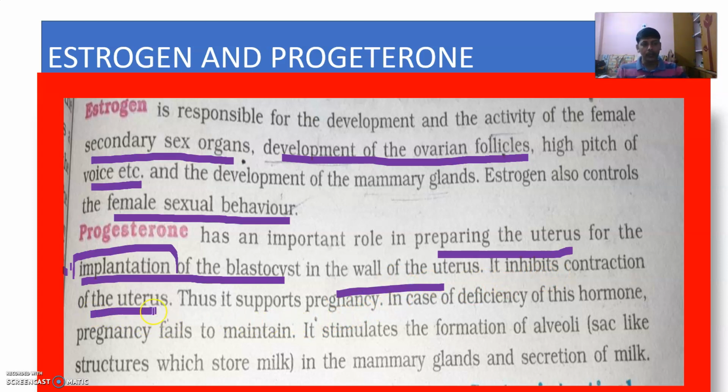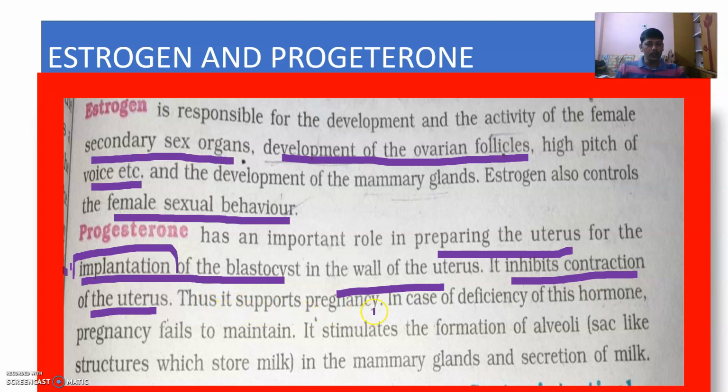Absence of progesterone during pregnancy causes abortions, because it inhibits contraction. If this hormone is not there, contractions take place in the uterus, therefore the baby comes out before full development.